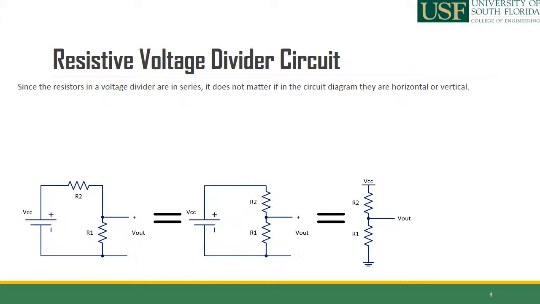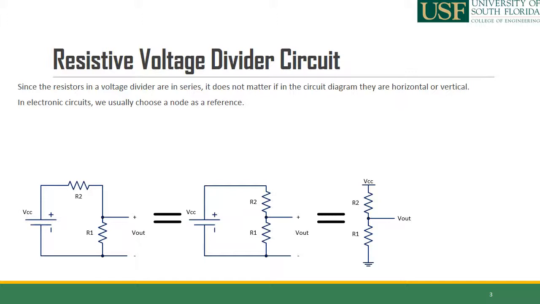So VCC is the voltage supply, the ground is the reference, and of course the output voltage V out would be the node that connects R1 and R2 together. And when we are looking for V out, practically it's the voltage at this node with respect to the ground as the reference.